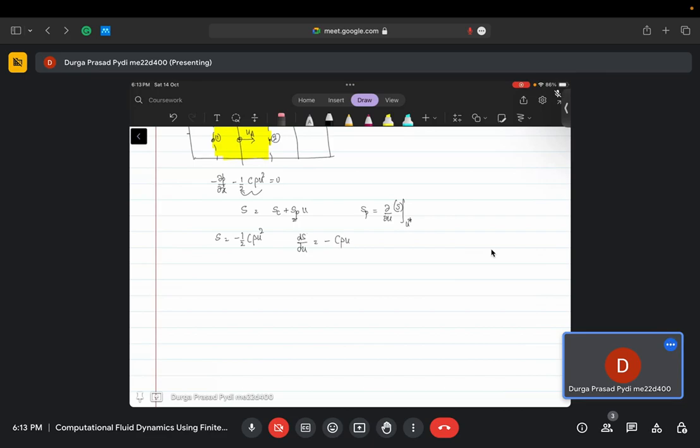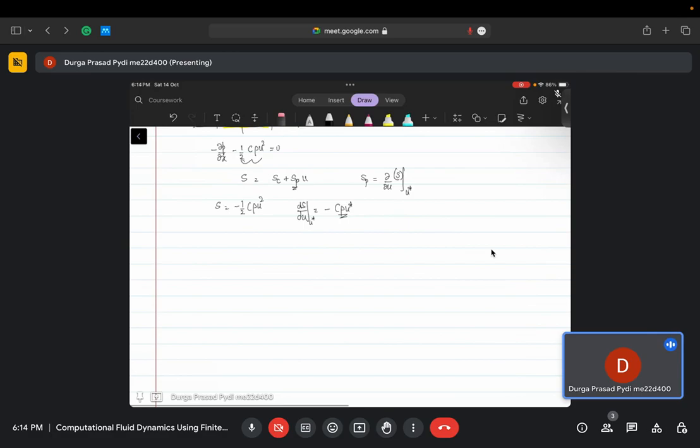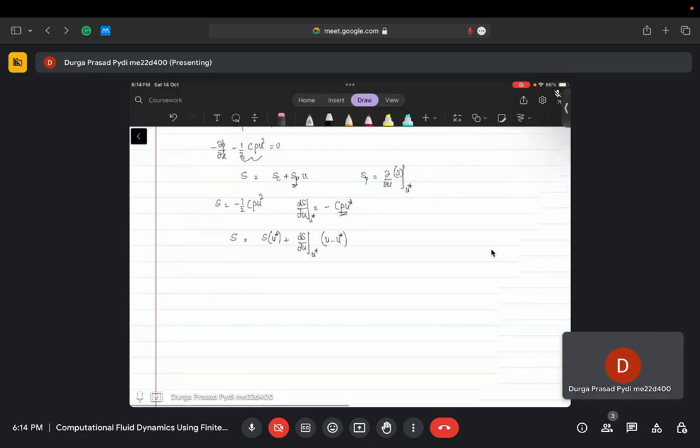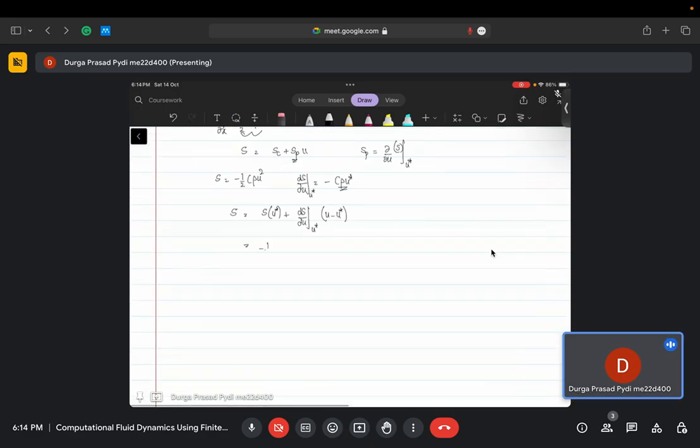So u star is some constant. So my S will be S calculated at u star plus dS/du at u star times u minus u star. So this is minus half c u star square, and then you have minus c u star times u minus u star.